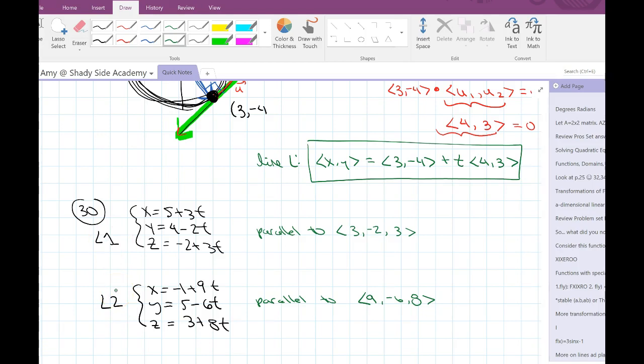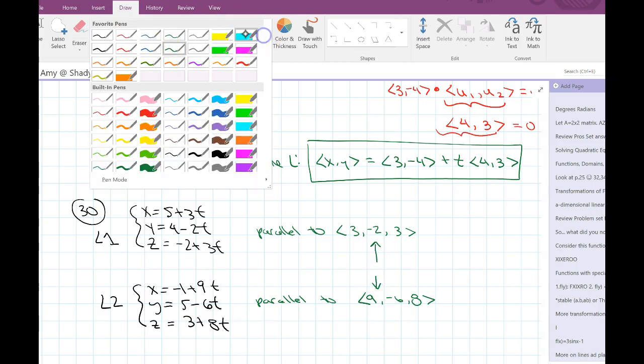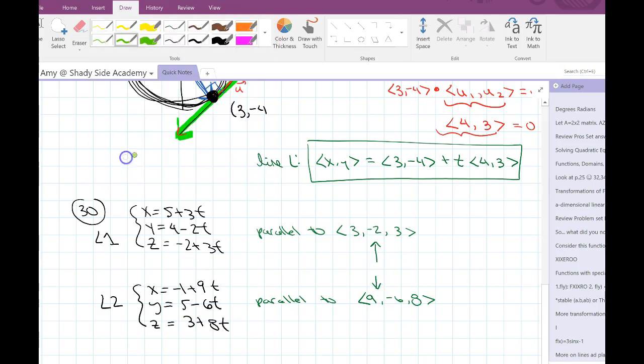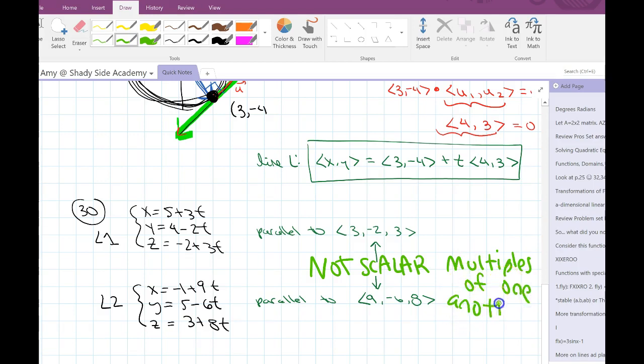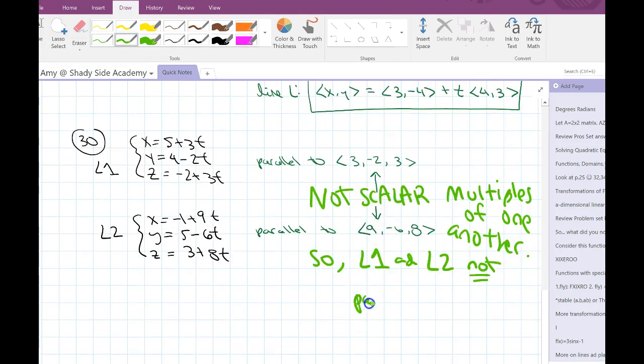The reason why is, you'll notice, these two vectors are not scalar multiples of one another. So line 1 and line 2 are not parallel.